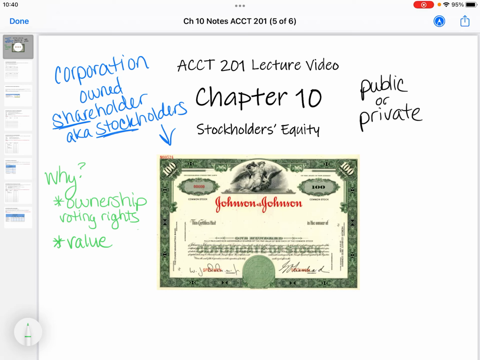So Zoom is a great story they have in here, although since this book has printed, Zoom has gone down. But they did initially sell at $36 per share, and the first day the value just continued to go up. And what we mean by value is, what do others value the company at? And how do you determine value? Well, there's financial analysts that are out there looking at the financial statements.